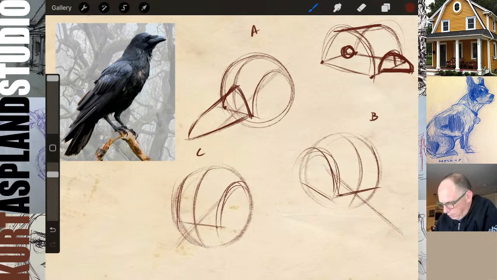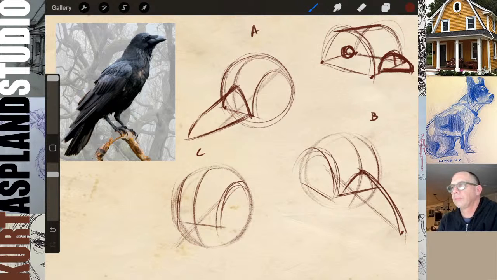All right, let's continue. In B here, we'll do this sort of thing. Almost as wide as the head there. Nice sweeping. I'm using my elbow for these nice easy little sweeping lines, okay?